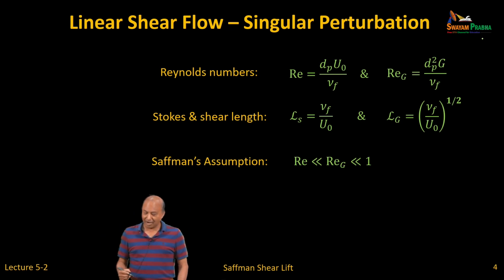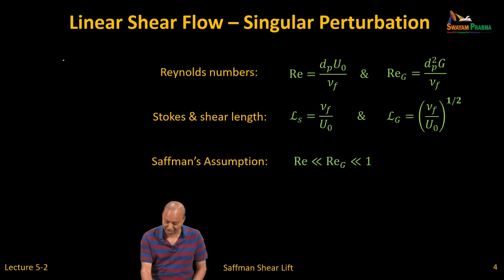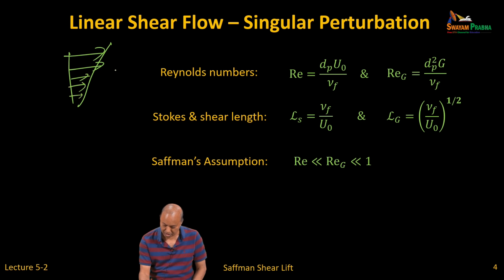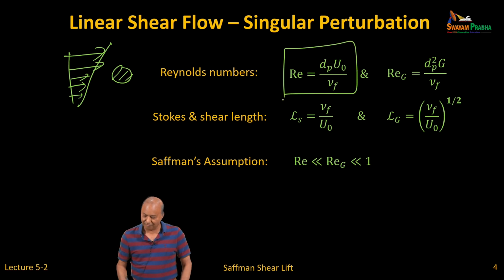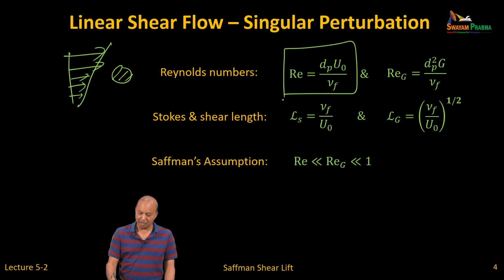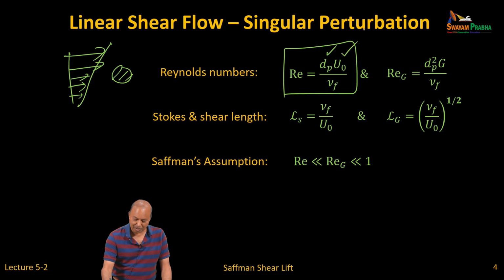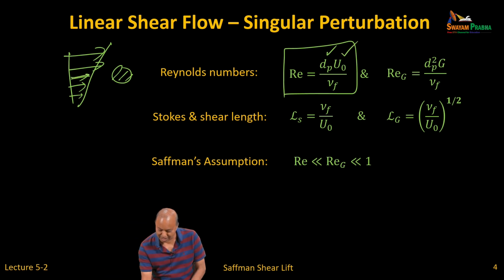So, you can define two Reynolds numbers now. If you have a shear flow and a particle, this is the relative velocity based Reynolds number. It is the diameter, u0 is the velocity at the center line.